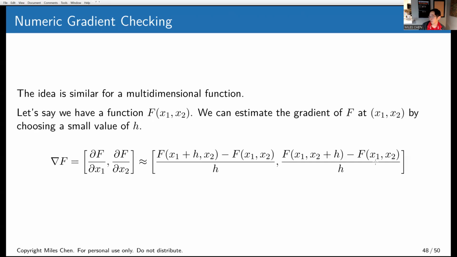And then to find your approximate partial derivative with respect to x2, you add the little piece h to x2, but you leave x1 alone. Okay. And each time you're going to say, okay, how did the function change when I added h, versus my original values of x1 and x2?